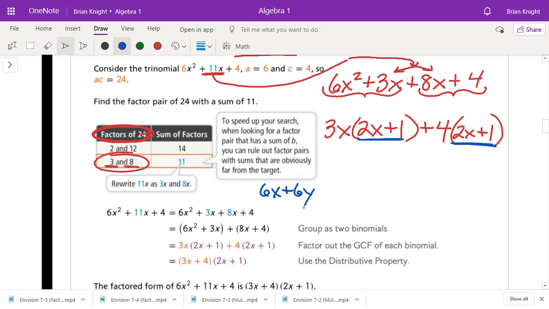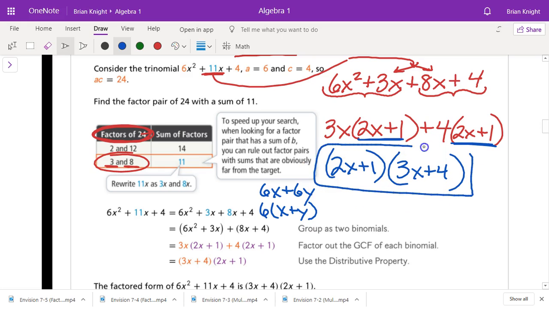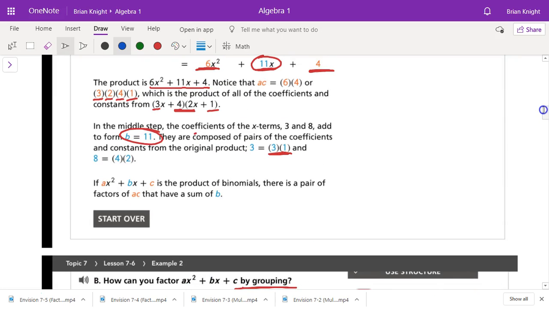What do they have in common? 6. So I can bring the 6 out front and I have x plus y left. What do these have in common? 2x plus 1. So I bring that out front. And what do I have left? There are my factors. Remember when we first started? See how the factors were 3x plus 4 and 2x plus 1?